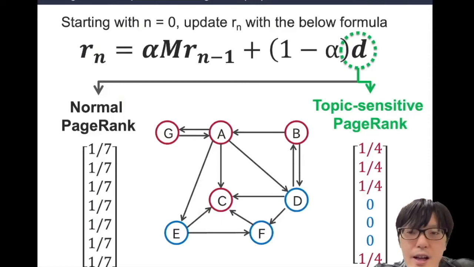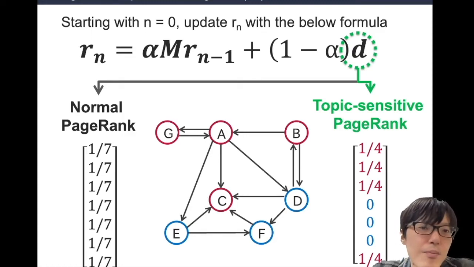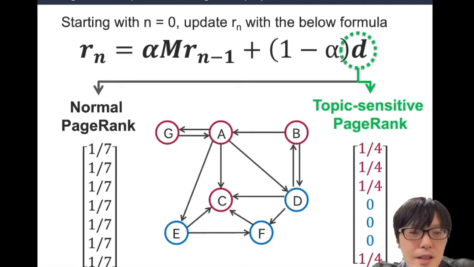In this example graph, only the red colored web pages are about medicine. Now we want to find the important web pages about medicine, so we set the uniform distribution probability to only the red colored web pages, like this.